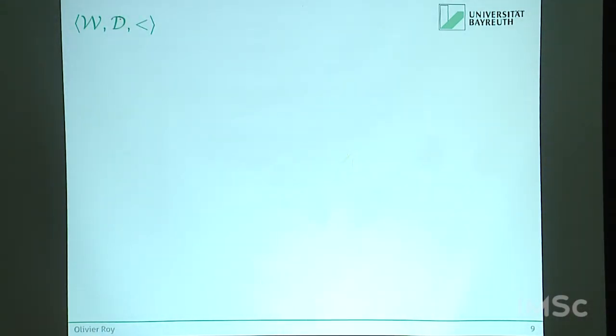So, to put it a little bit formally, a default theory is a triple: W, D, and this relation. W here will be a calligraphic W, because it's not a set of possible worlds.